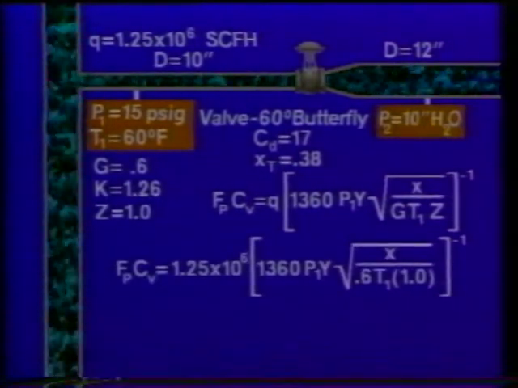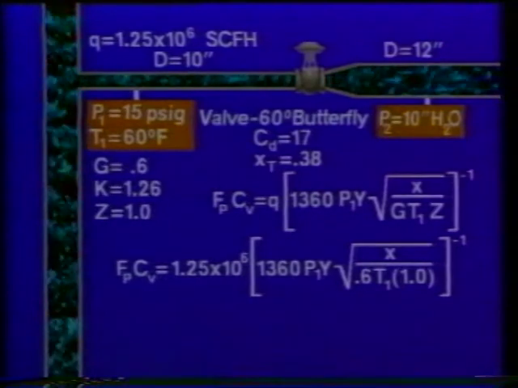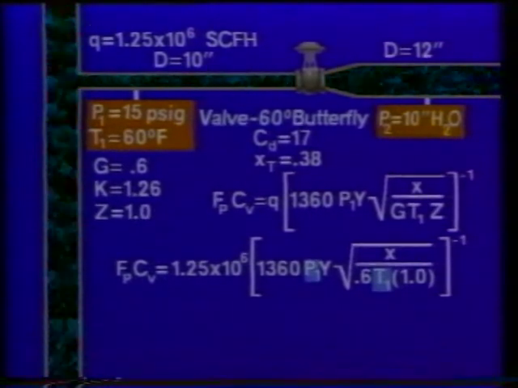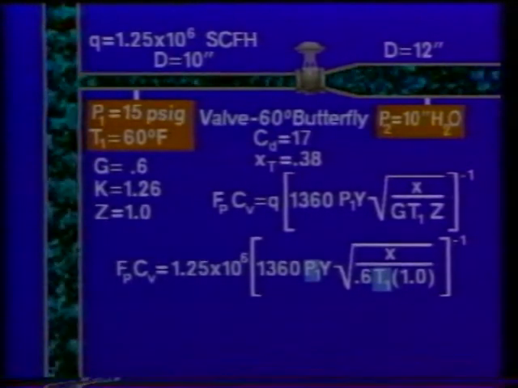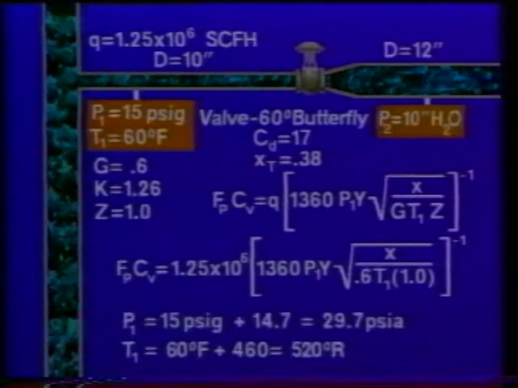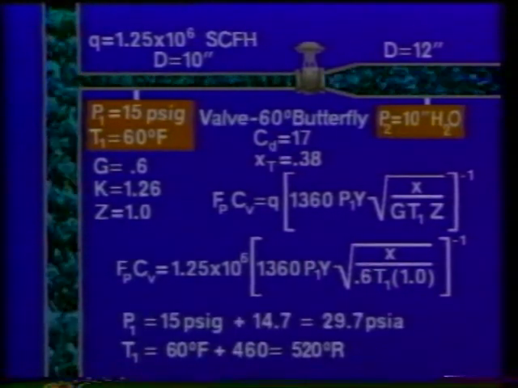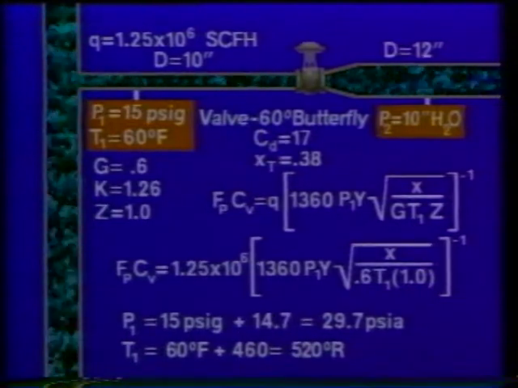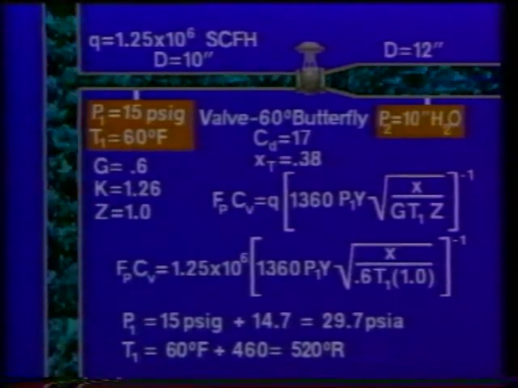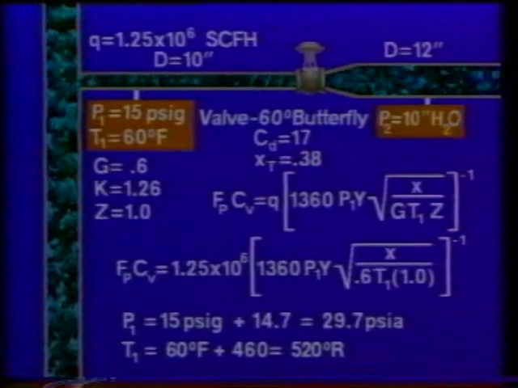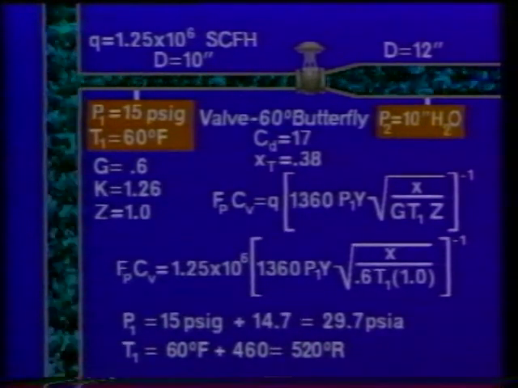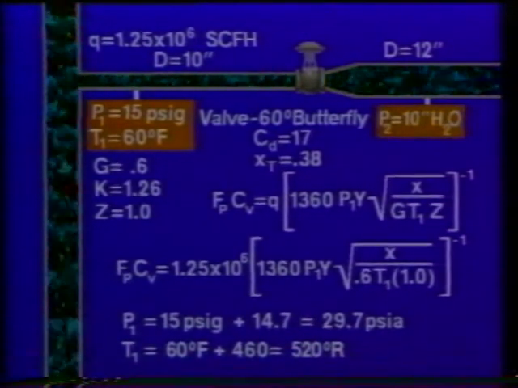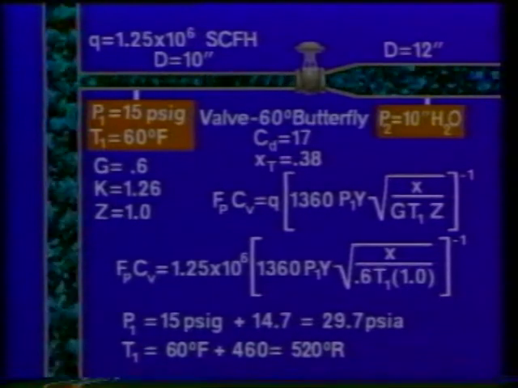Values for Q, G, and Z can be directly transferred. Pressure and temperature values must be converted to absolute units. P1 is 15 psig, which is equal to 29.7 psia. And fluid temperature is 60 degrees Fahrenheit, which is equal to 520 degrees Rankine.